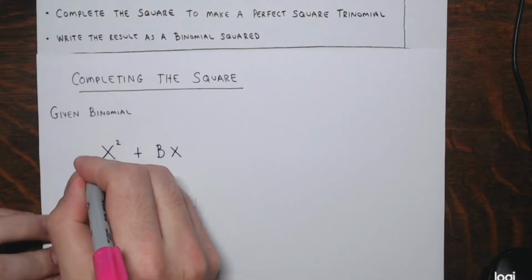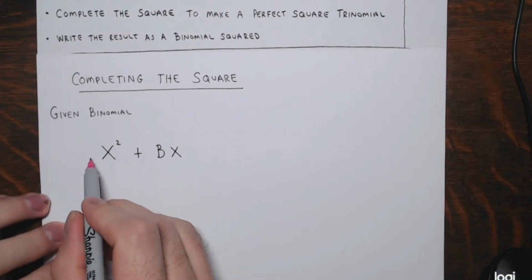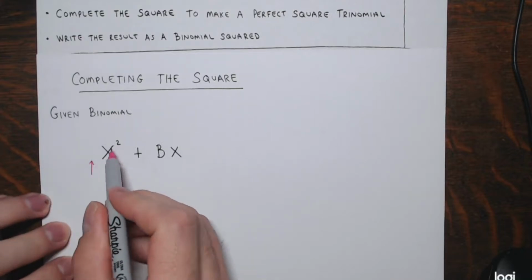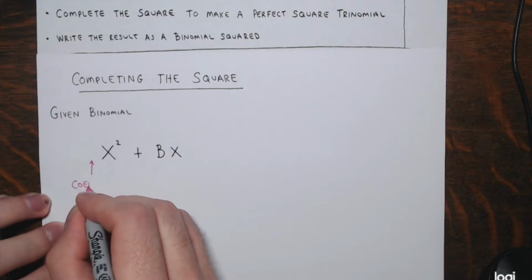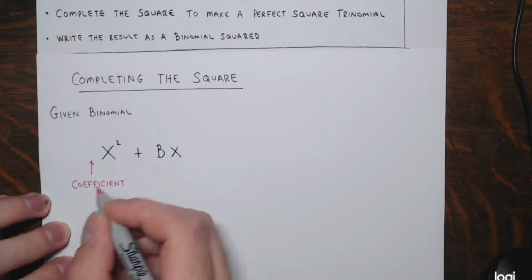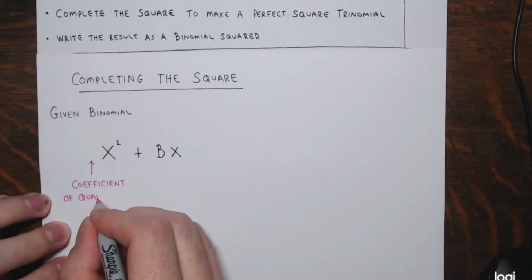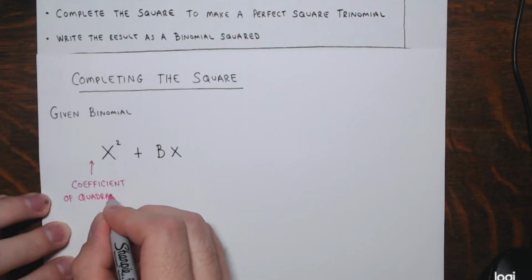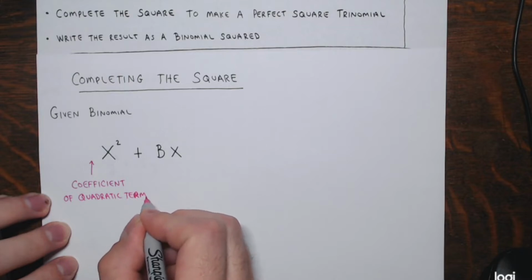You're going to see later that in order to be able to complete the square on a binomial for our purposes, the coefficient on the squared term, the quadratic term, must be 1.